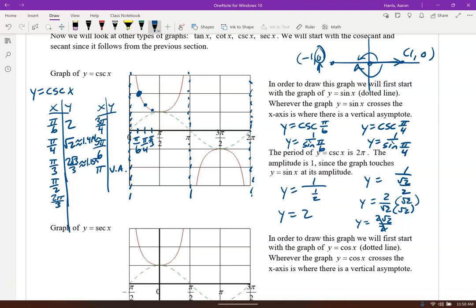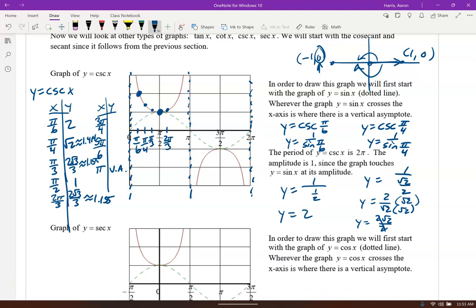Then I plug in pi over 2. So I got 1 over the sine of pi over 2. Well, the sine of pi over 2 is 1. So I got 1 over 1. There's the point pi over 2, comma 1. Then I keep going with this, right? I punch in 2 pi over 3, and I'd get that 2 root 3 over 3, which is 1.155. There it is at 2 pi over 3.